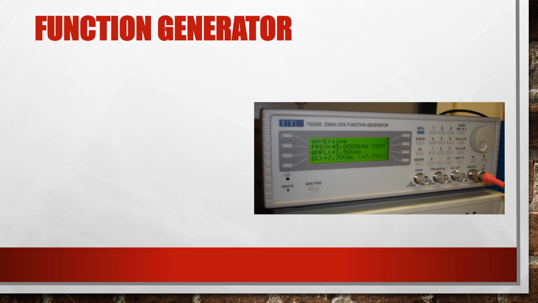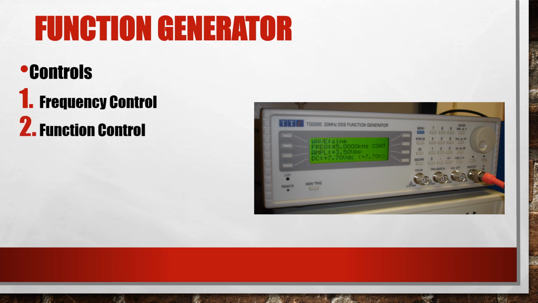Now we will understand function generator controls. First is frequency control. It is used for selection of frequency range. Second is function control. It is used for selection of particular waveform. A total number of 6 different waveforms can be selected.